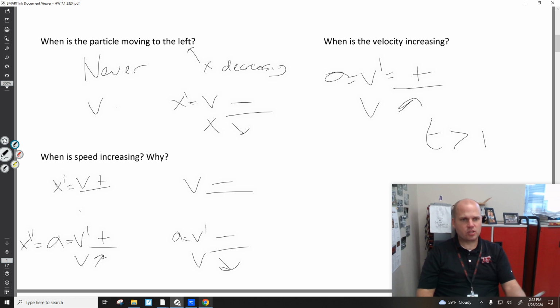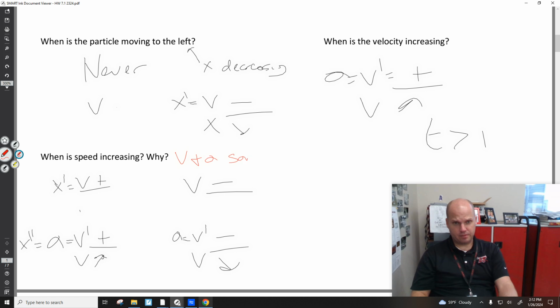What do we notice? The signs are the same. Speed increases when the signs are the same. You could be speeding up in either direction, going to the right or going to the left. So what we can do is remember that. You're going to have to justify eventually, and your justification must be V and A have the same sign.